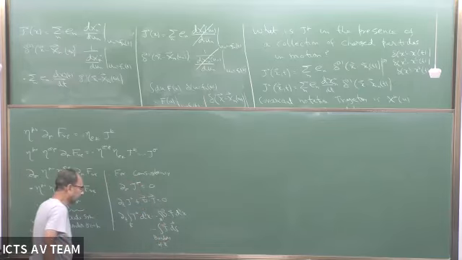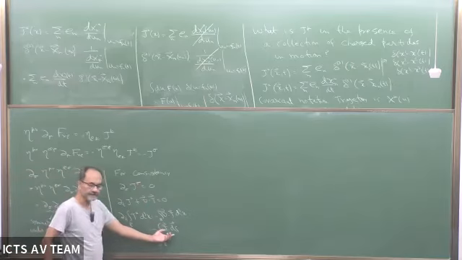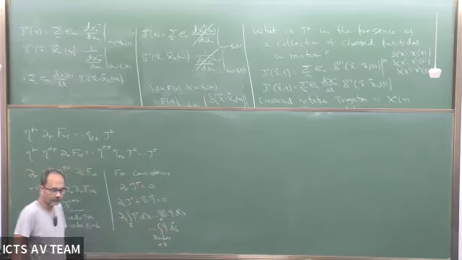So the rate of change of charge inside a given region is minus the rate at which the charge is flowing out through the surface. There is no net charge violation. That's what this implies.